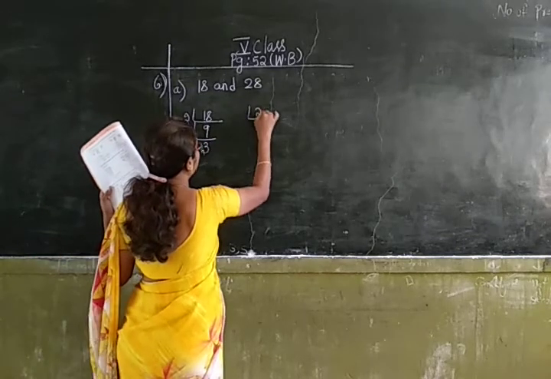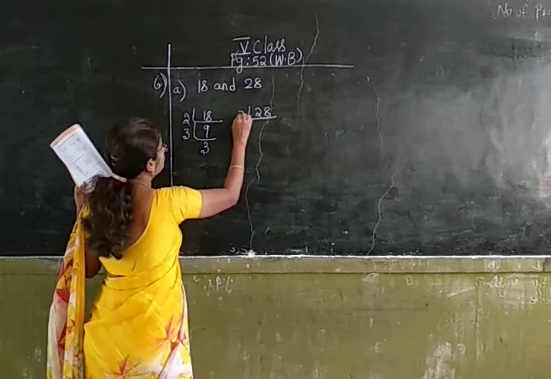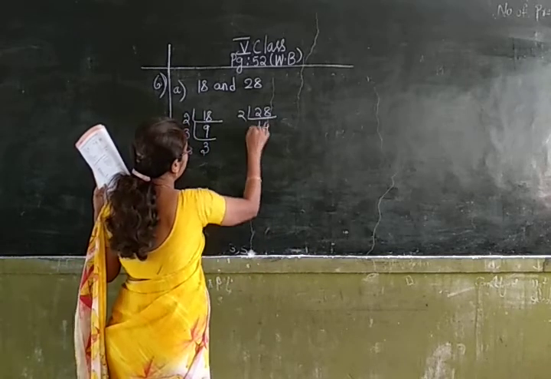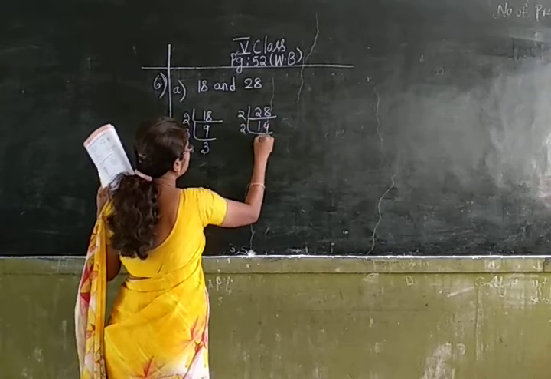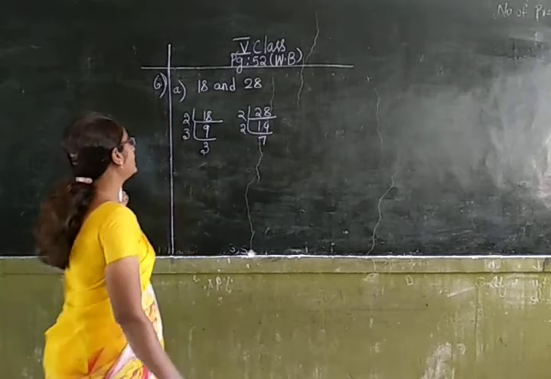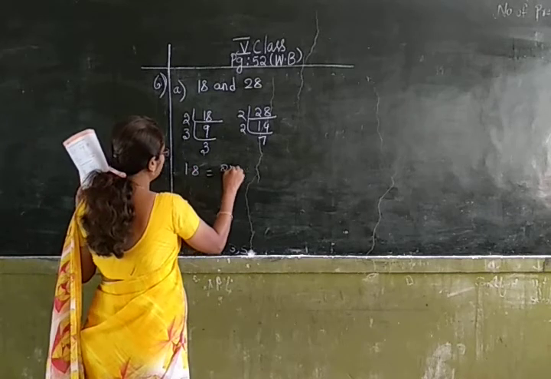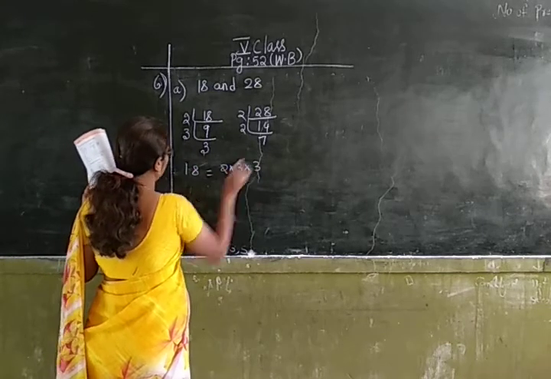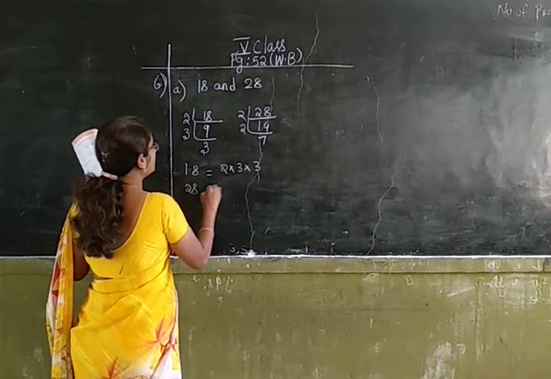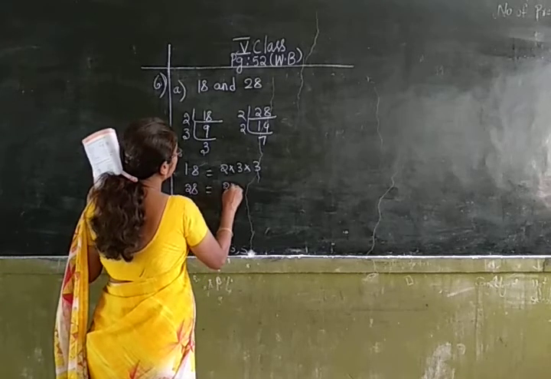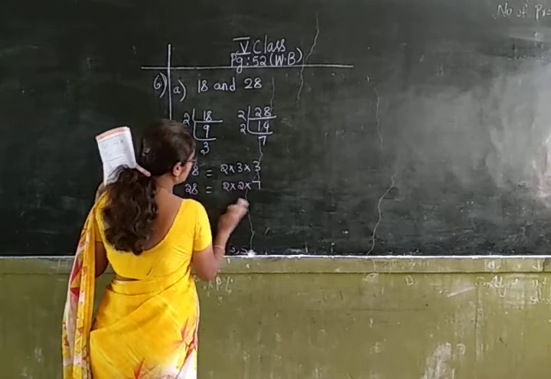Now let us prime factorize 28. 2 goes in 28 14 times. 2 goes in 14 7 times. Now let us write down the factors. 18 is equal to 2 into 3 into 3. 28 is equal to 2 into 2 into 7.